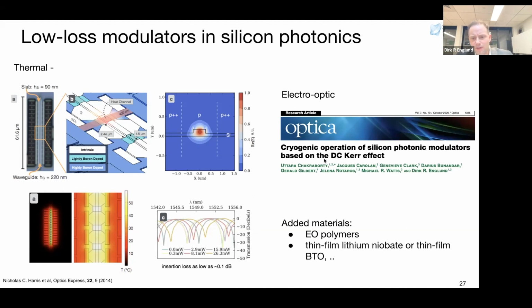Fortunately, there are ways to use silicon photonics at cryogenic temperatures with phase shifters, and there are two particularly good ways. One of them is MEMS, and the other is to make silicon electro-optic. Naturally, silicon does not have a chi2 coefficient, but you can induce one.